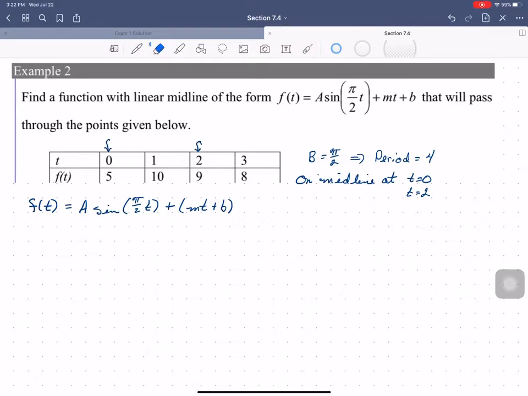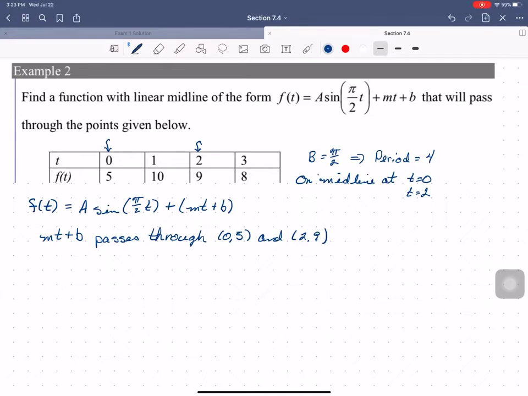So I know that my midline, my mt plus b, passes through the points 0, 5 and 2, 9. Well, okay, we can do that because we know how to write the equation of a line that passes through 2 points.